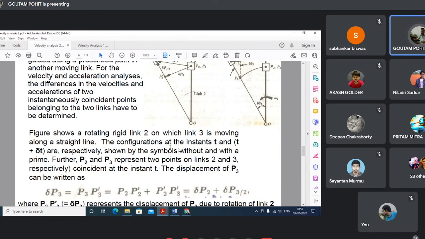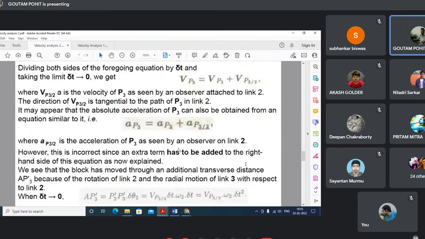So P2 to P2 dash is due to the angular movement of the link, and P2 dash to P3 dash is due to the linear movement of link 3. So we get this value.